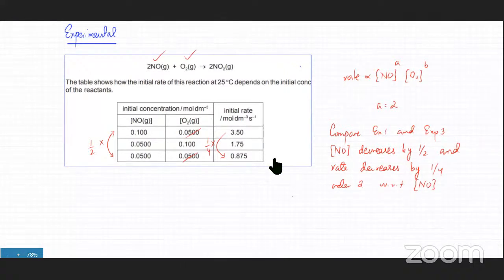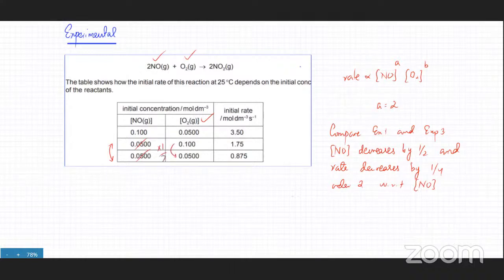But what about the other one? How do you figure out O2's order? You want two experiments in which O2 is changing but NO is remaining constant, so it's going to be experiments 2 and 3. NO remains constant, so that's not a factor, and the concentration of O2 decreases by half, so it's 1 by 2.